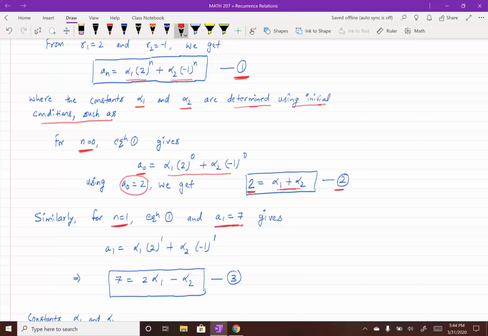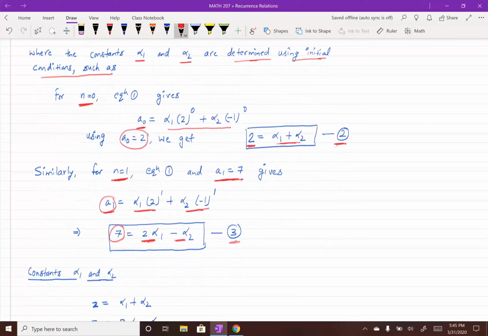It gives me that a of 1 is equal to alpha 1 times 2 to the power 1 plus alpha 2 times minus 1 to the power 1, which is equal to 7, and once you simplify it, this is 2 alpha 1 minus alpha 2. So this is going to be my third equation.